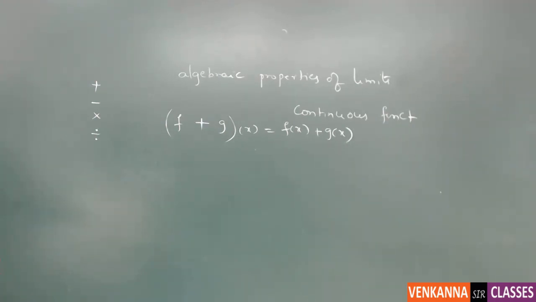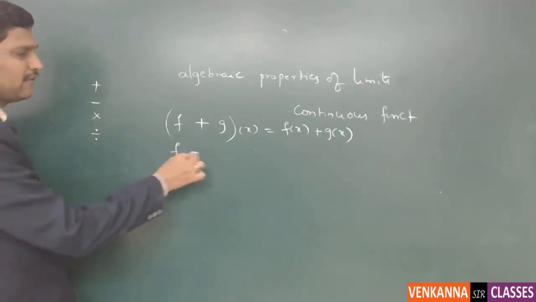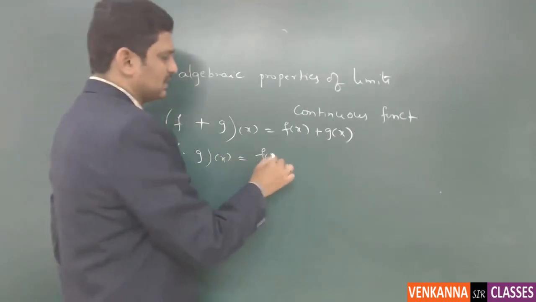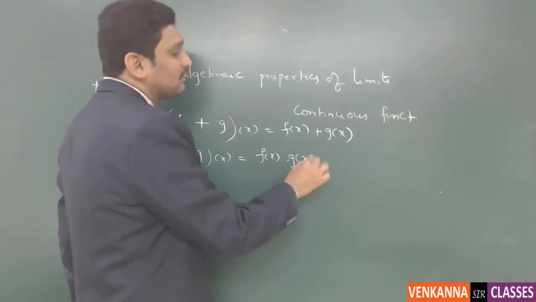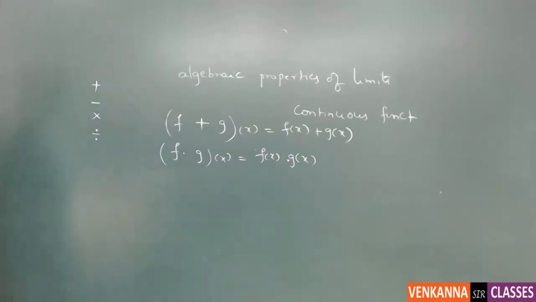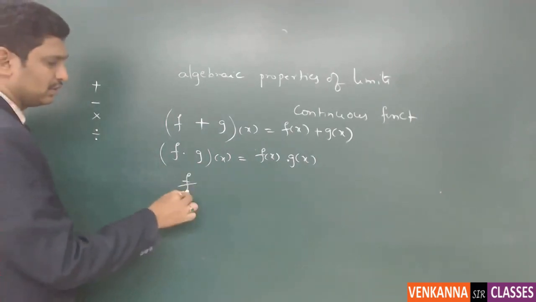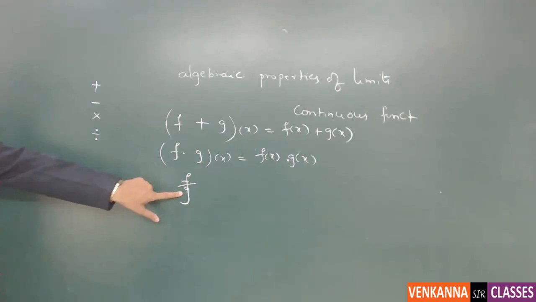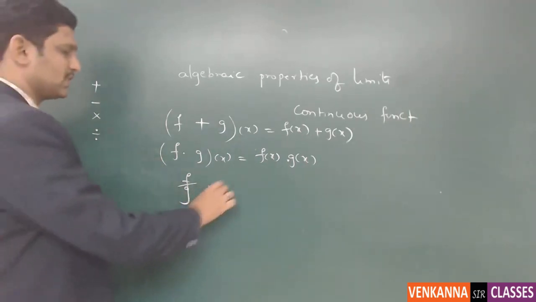Is that clear? The property. So if you take the product of the functions f and g, fg of x will be defined as f of x into g of x. It will be continuous. And we go for the division. If you consider f by g, where the denominator is not equal to 0, then it is also continuous.